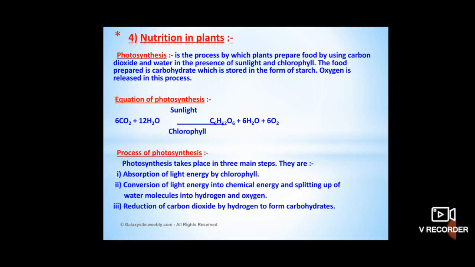And what is the waste product released here? That is oxygen gas. So in photosynthesis, the waste product released in the plant is oxygen gas. Yes. So how does photosynthesis take place? Here, some chemical processes take place in the plants.